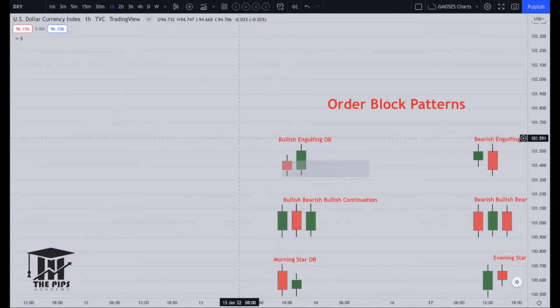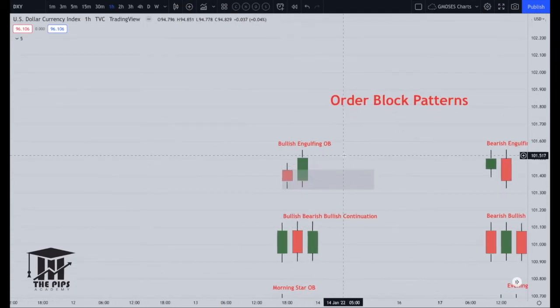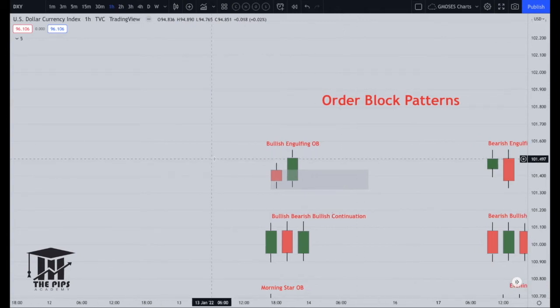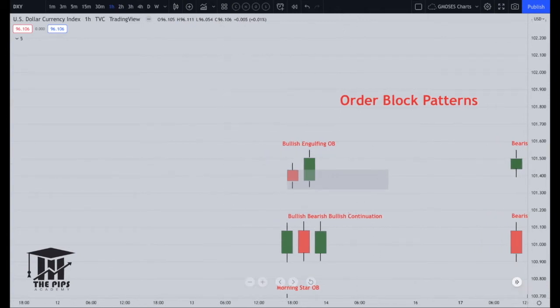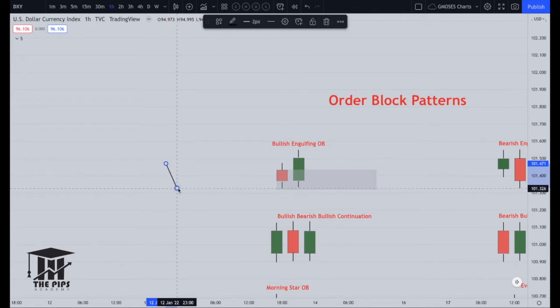But what some people don't realize is that this pattern is actually a break of structure on a lower time frame. Let me break that down. Price will start from this wick, price will open, and it'll come down to the bottom of this wick. From there, price will impulse up to the base area here.